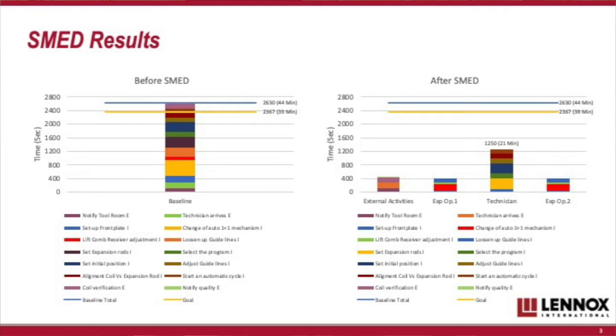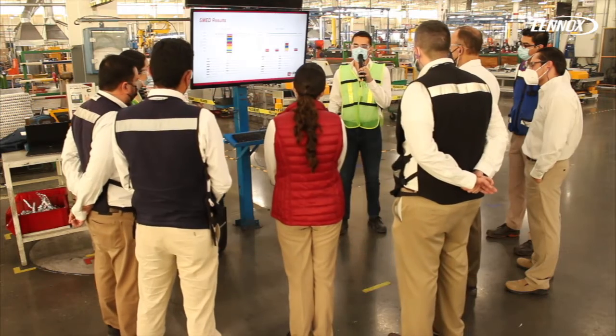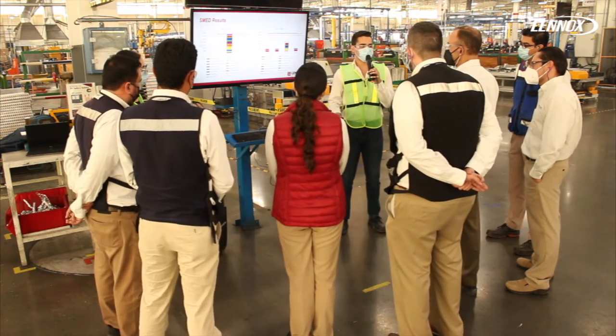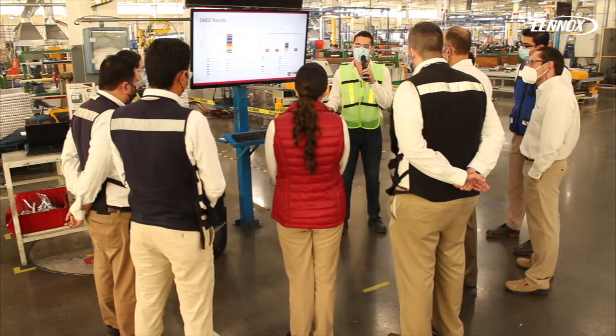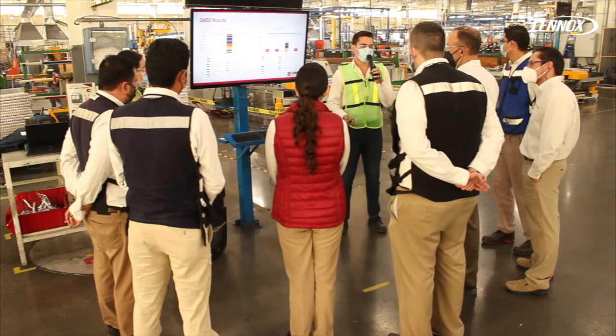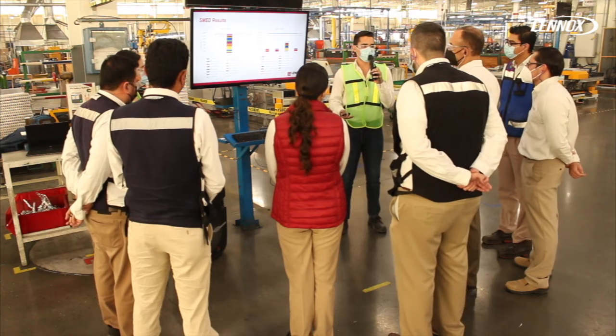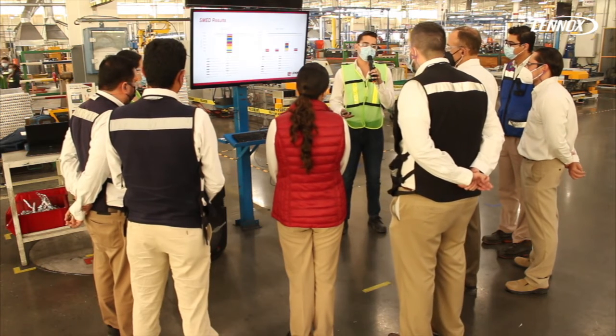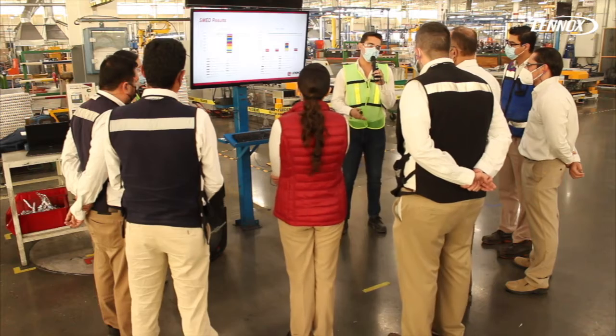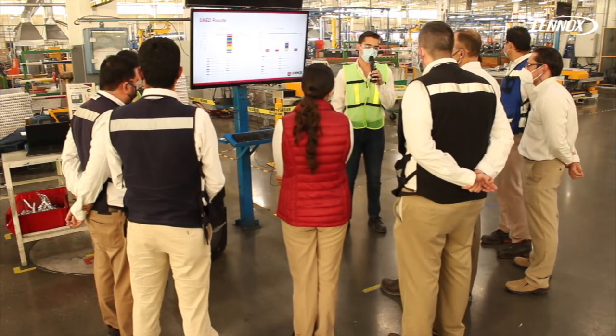So we can see here in the below part of the graph all the different activities necessary for the setup change. These activities have a letter E or a letter I on the right part of the name. What this represents is whether the activity is external or internal. The external activities are the ones that we can complete with the machine still working. But for the internal ones, we need to have the machine stopped in order to successfully complete them.